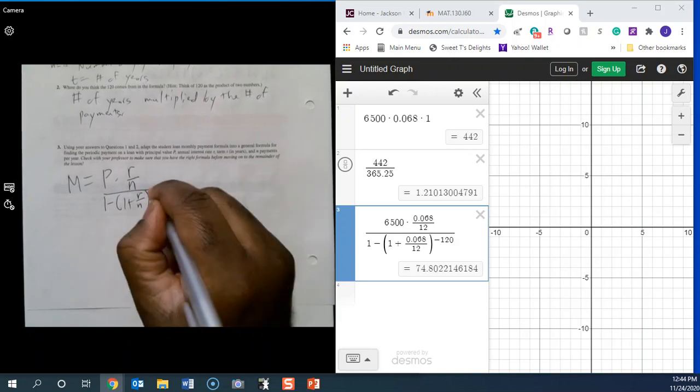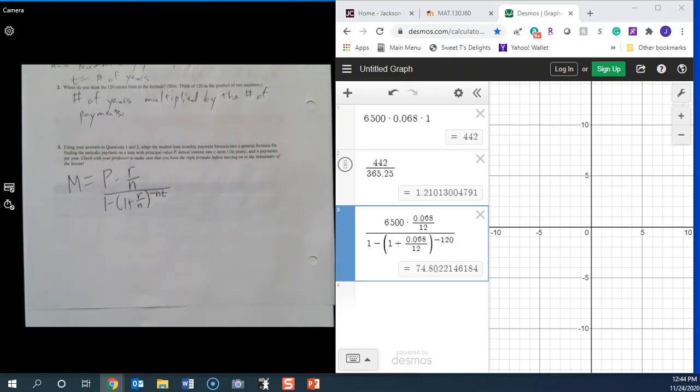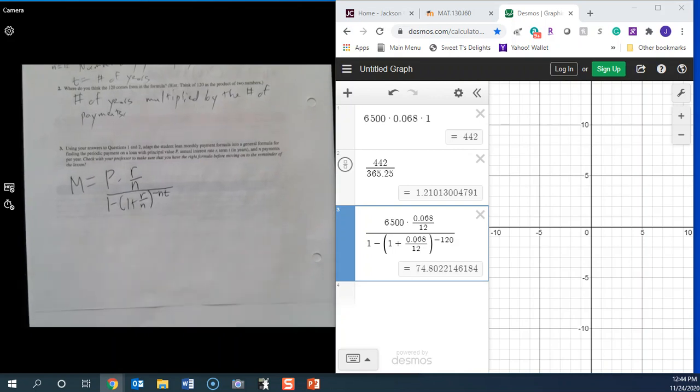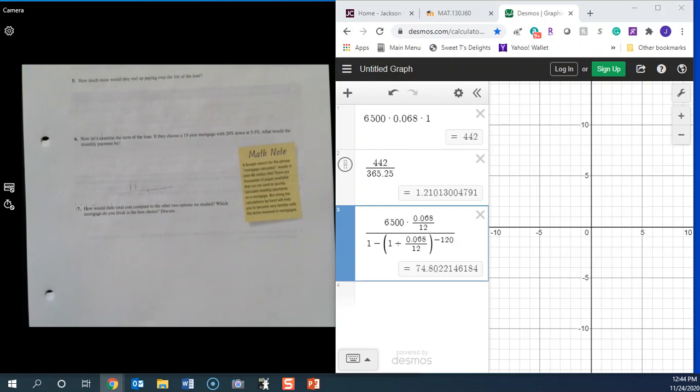Now we know N is the number of payments times T. So this is the generalized form of the formula we use for the student loans. So now we could do any monthly payment problem with that formula.